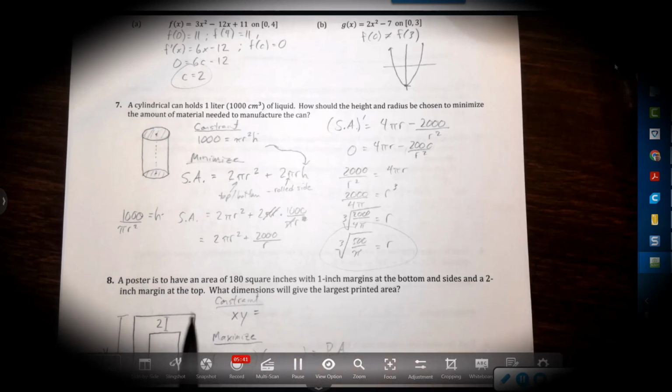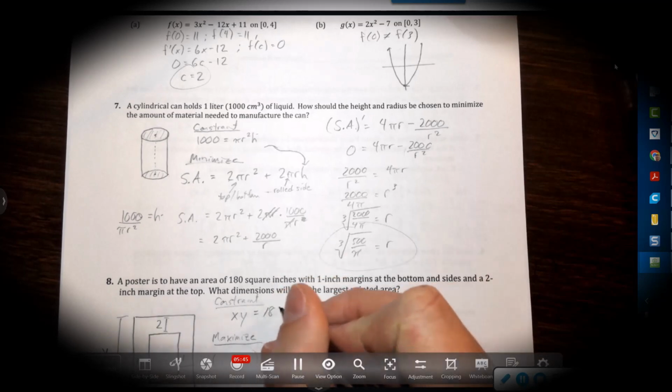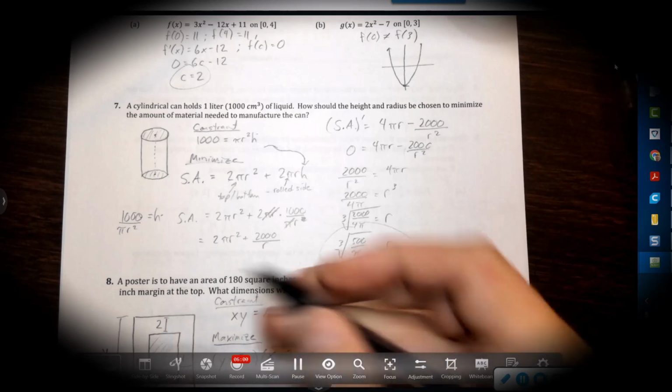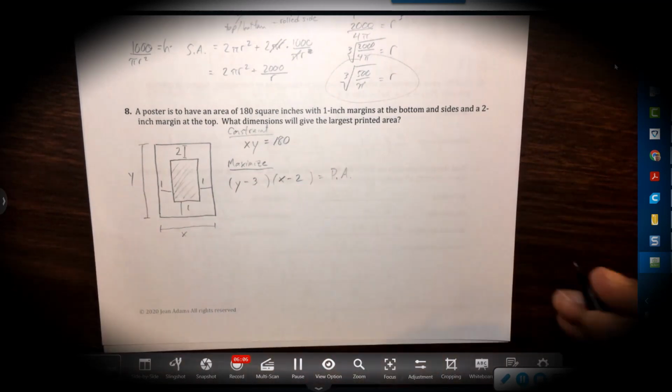We have a constraint here where we've got 180 square inches for the entirety. We have y minus 3 is going to equal this area right here times x minus 2. I don't know why they got 2 up here and 1 down here, but that's just how it is.